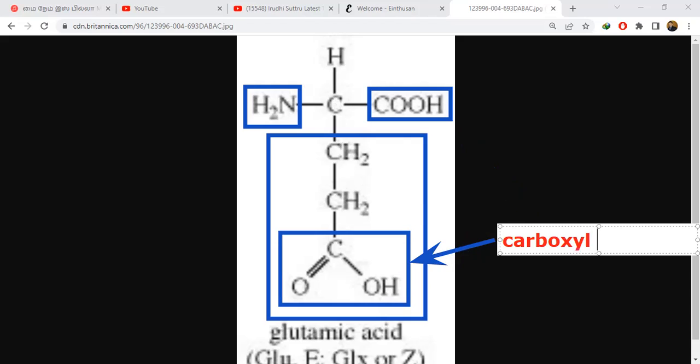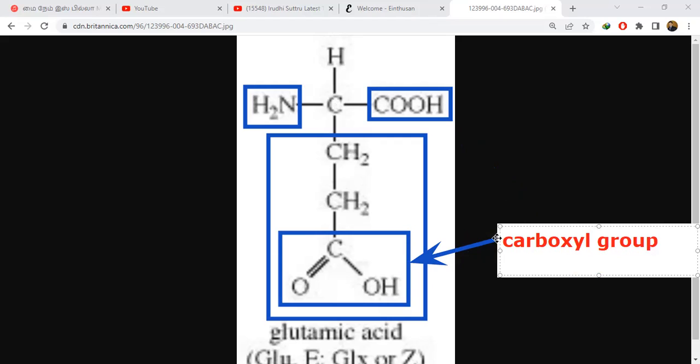Carboxyl group. That means in the exam paper, they say in an amino acid, always there will be one carboxyl group. Will you agree with it? No. And in amino acids, acidic property and basic property are always the same.